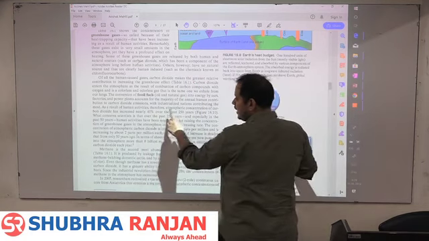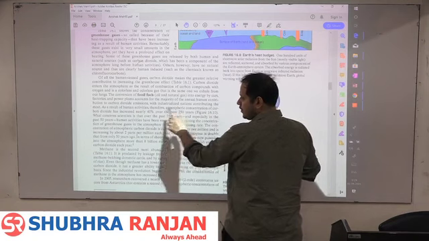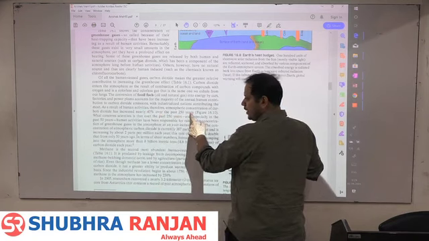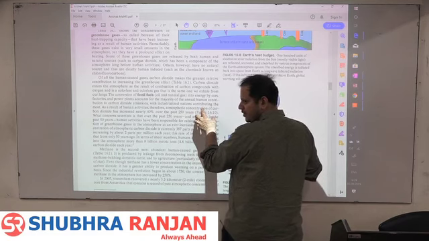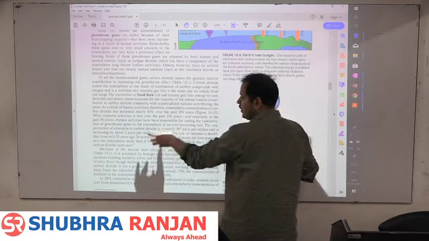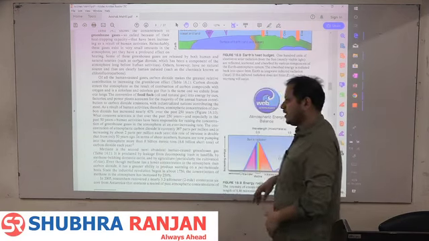As a result of human activities, the atmospheric concentration of CO2 has increased nearly 40% over the past 250 years. From 0.01 to 0.03 to 0.045, a 40% increase over the past 250 years.